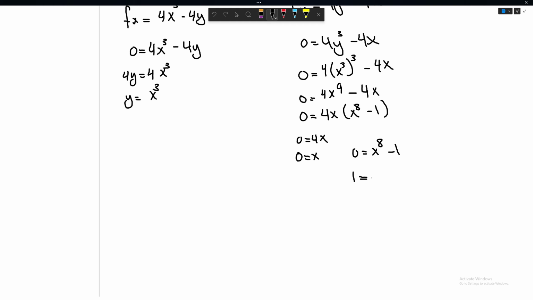Then 1 equals x to the 8. Then if I take the 8th root of 1, I'll get a plus minus. And then, I don't remember, do you only get plus minus when you square root by 2? Or do you get plus minus regardless of what you root by? Am I tripping?